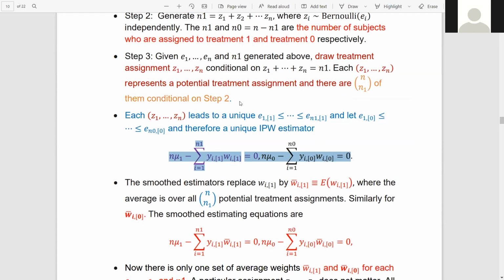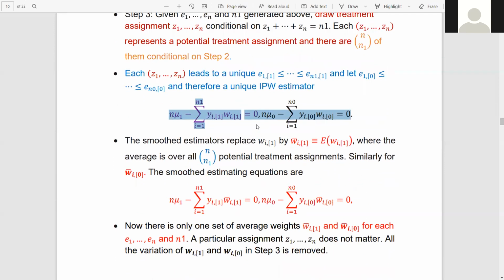So in step 3 there seems to be a large variation, because you have so many potential treatment assignments, N choose N1 of them, and each assignment will lead to a unique estimate. This is a huge variation in this procedure.